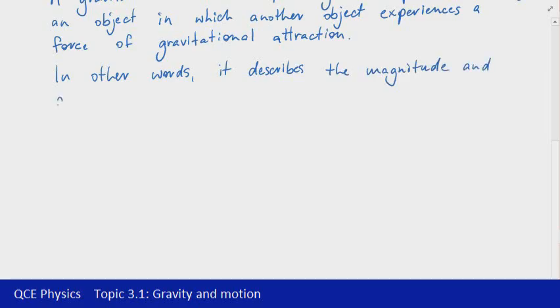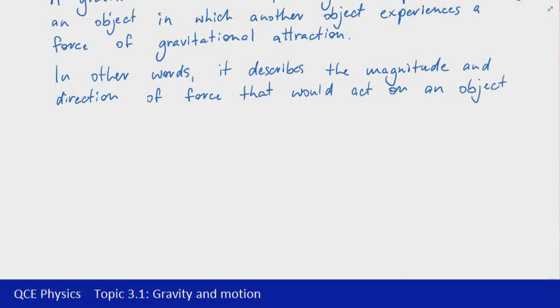If it's magnitude and direction, that means it's actually a vector, so this is a vector field. It's the magnitude and direction of force that would act on a mass, so that's the property that we're particularly concerned about with the object. It has to have mass. If we're talking about say photons of light, they don't have mass, so we wouldn't talk about gravitational force acting on them.